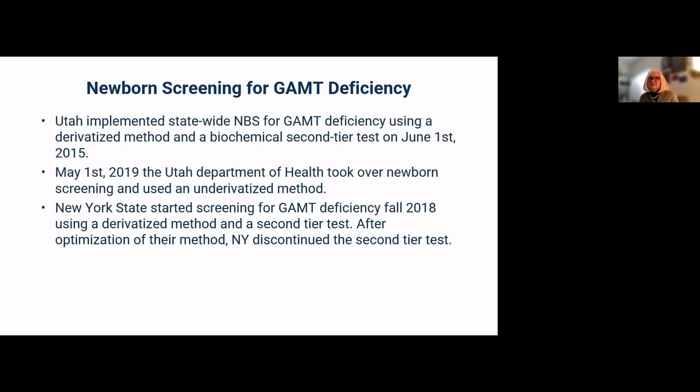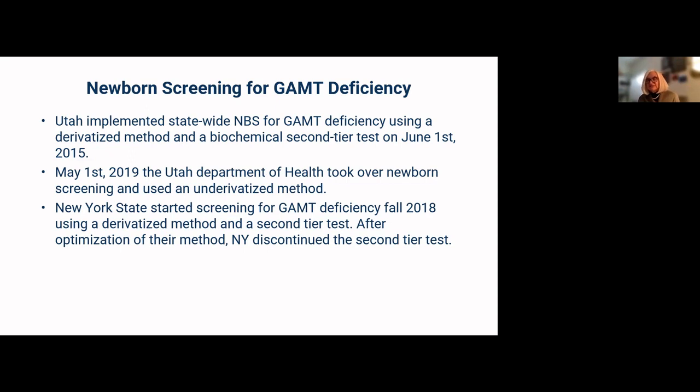So we in Utah implemented statewide newborn screening for GAMT deficiency on June 1st, 2015. We used a derivatized method, and we also implemented a biochemical second-tier test for all the samples screening positive on the routine screening.